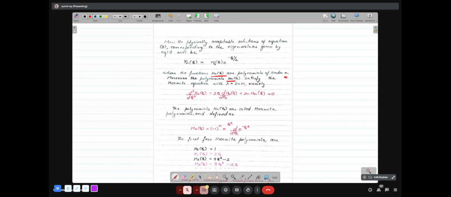Moreover, the polynomial hn satisfy the Hermite equation with lambda equals to 2n plus 1.